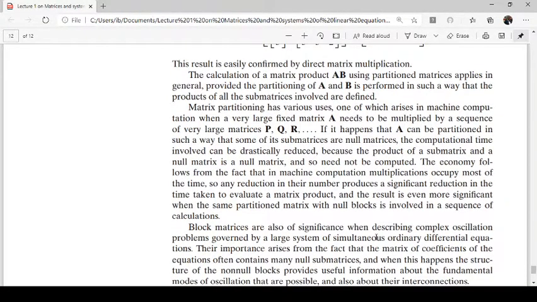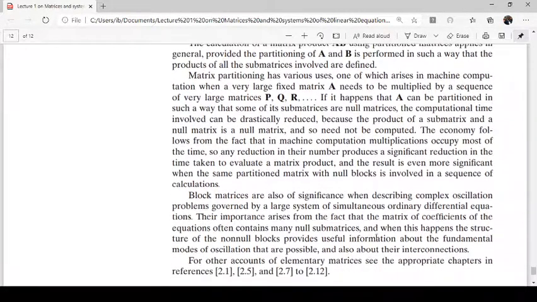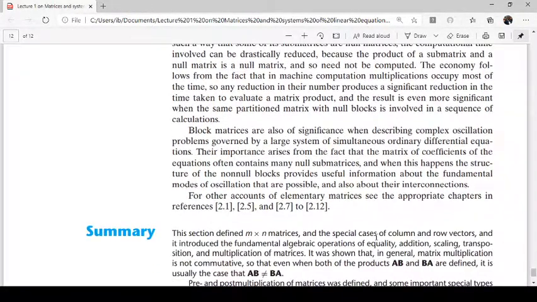Matrix partitions have various uses arising in machine computations, and sometimes when you look at a problem and you have a large fixed matrix A and you want to multiply it by a sequence of very large matrices like PQ dash, what comes to your mind is block matrix.